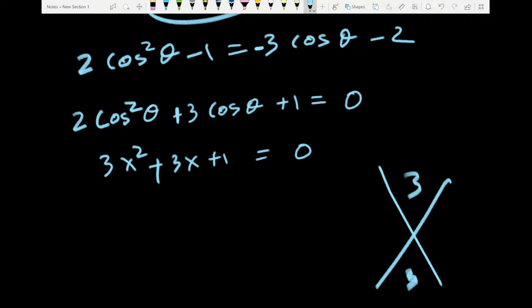So if I'm doing that, I'm not able to factor that. Let me see what else I can do. Am I missing something over here?